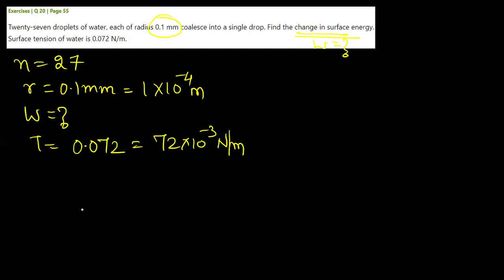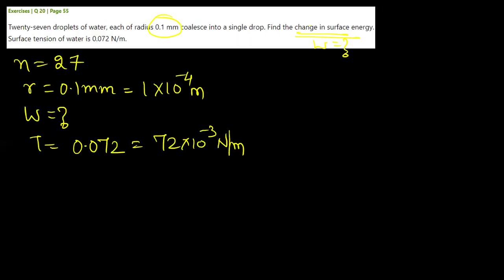Please remember, students, I'll give you one formula here. The formula is not mentioned in the textbook, but there are two similar type sums, sum number 20 and sum number 21, and the formula is not given to us. So I'm directly giving you the formula. Whenever the word coalesce is given, it means combination.